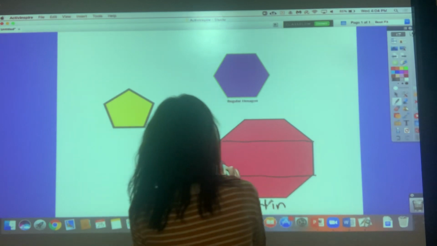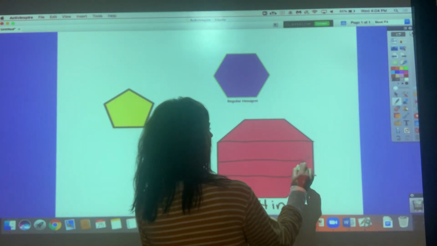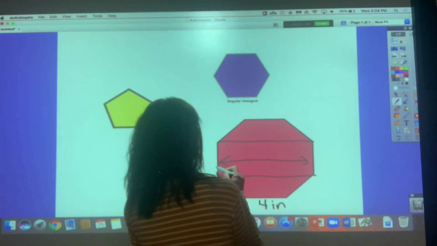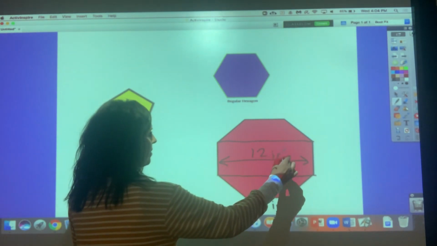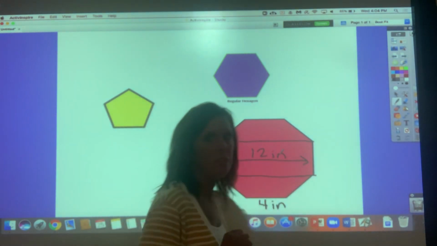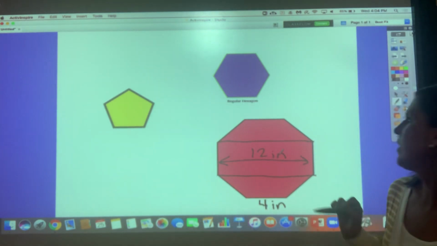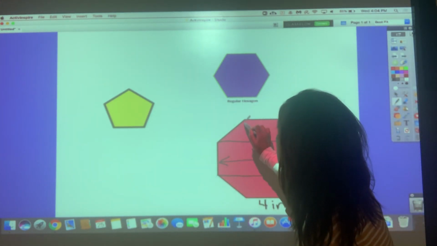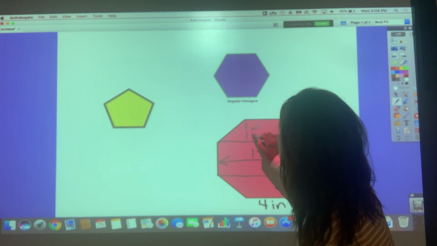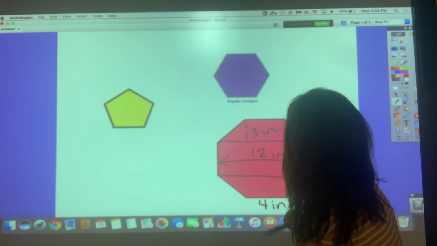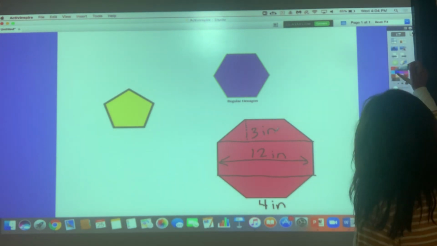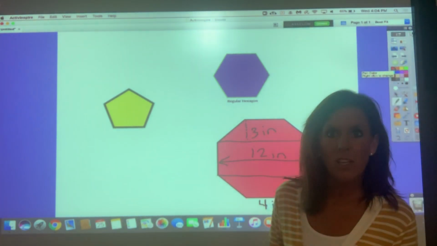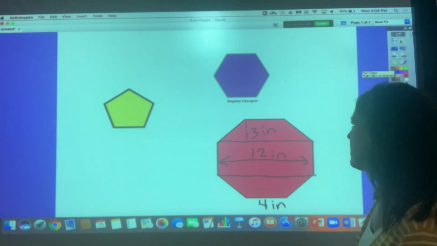Then we're told that from here to here, that distance is 12 inches. And then we're also told the height right here, 3 inches. Now we have everything we need to find the area of this regular octagon. So let's see what we would do.